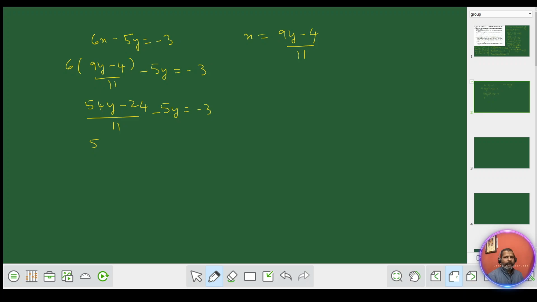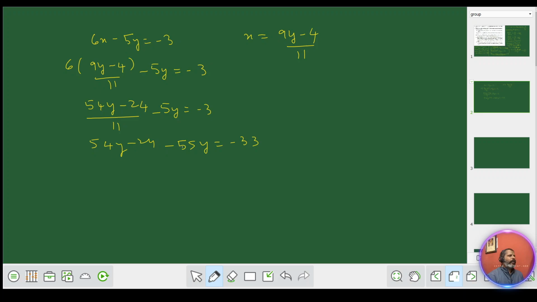Take LCM, 11 is the LCM. 54y minus 24, 11 ones are 11, minus 55y equal to minus 33. Once you pass the denominator to right hand side.